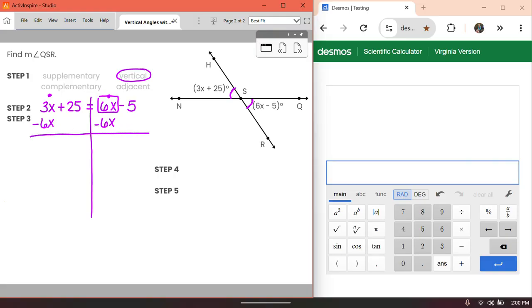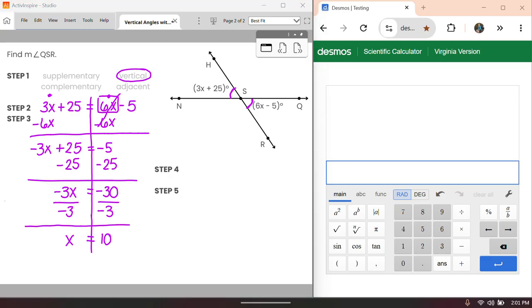And then that gets rid of the 6x on the right side. All you have left is a negative 5. 3x's minus 6x's is negative 3x's. And then from there, you're going to eliminate the constant, which is the 25, and isolate the variable by getting rid of the negative 3. I'm going to solve this while y'all are paused. Ta-da! And then this is where hopefully I've linked the video, and if I haven't, remind me.